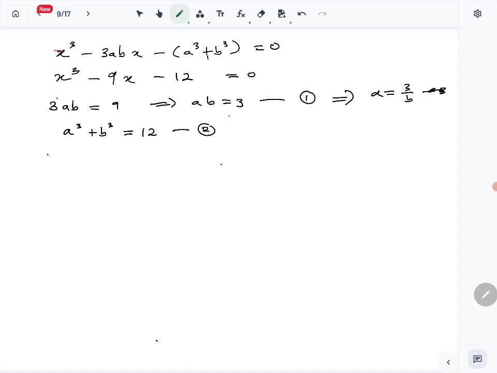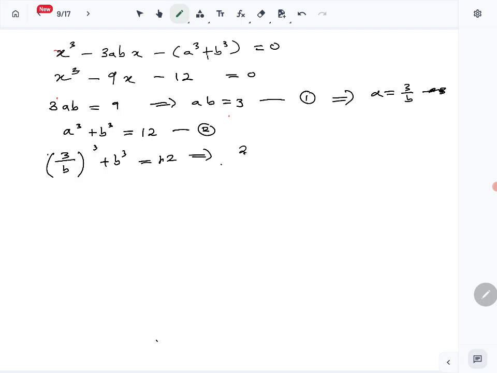Then I can substitute that into the second one. So I get 3 over b cube plus b cube equal to 12.